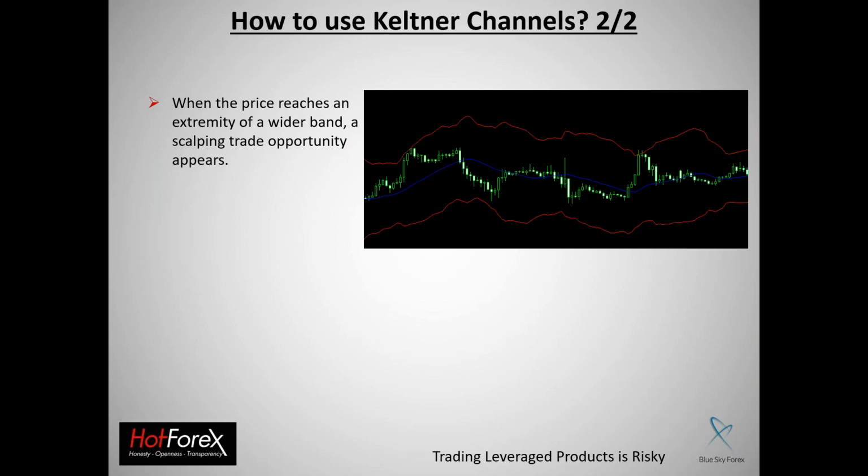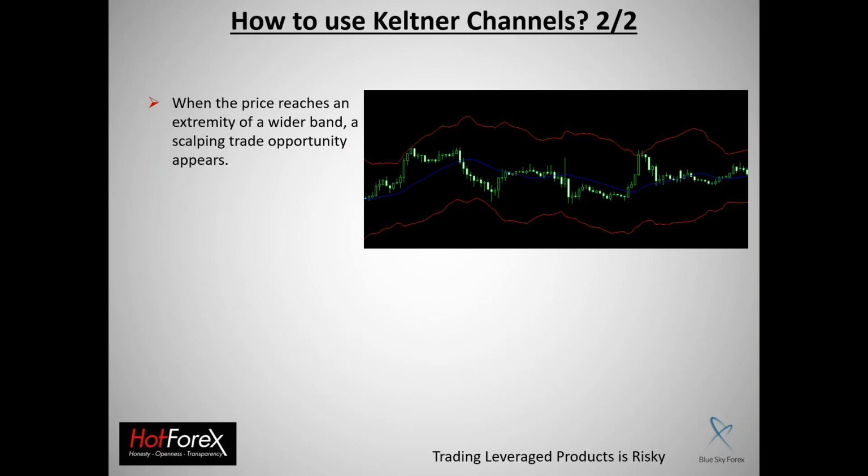Okay, Ahmed is asking, what is the setting for the upper band and the bottom band? Well, I would like to assure you that the default settings for the Keltner channels that you have in MetaTrader 4 is a good point to start with, okay?